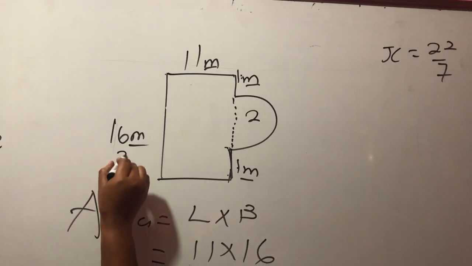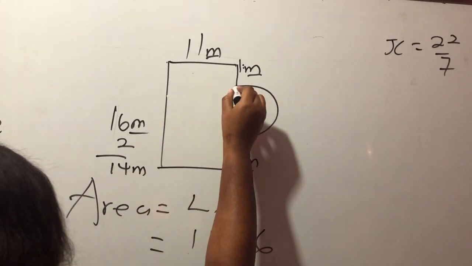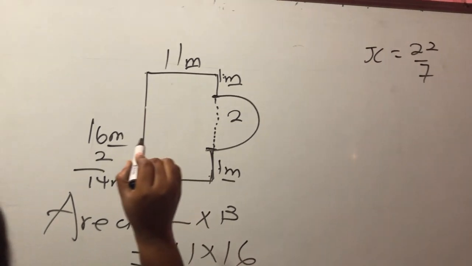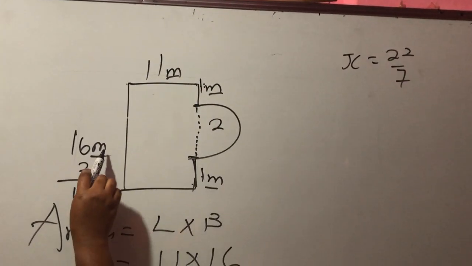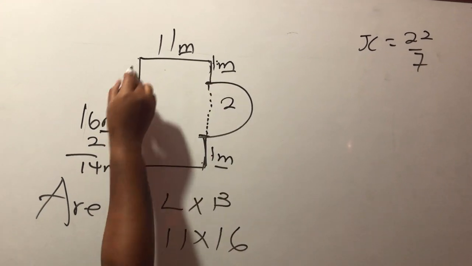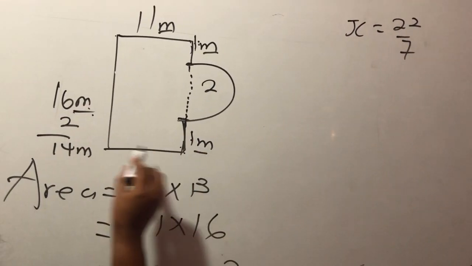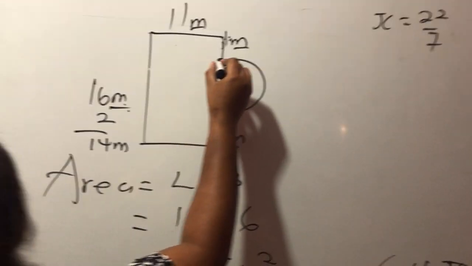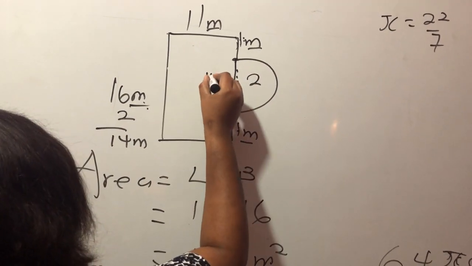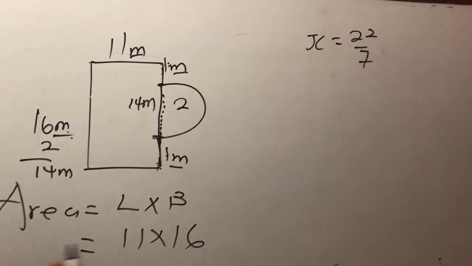Then 16 minus 2 is going to give us 14 meters, because we want the length from here to here. So this 1 deducted from 16 gives 15, then 15 minus 1 gives 14. So from here to here is 14 meters.